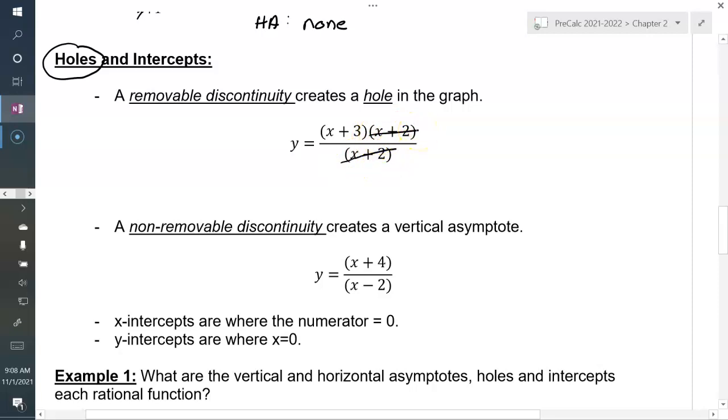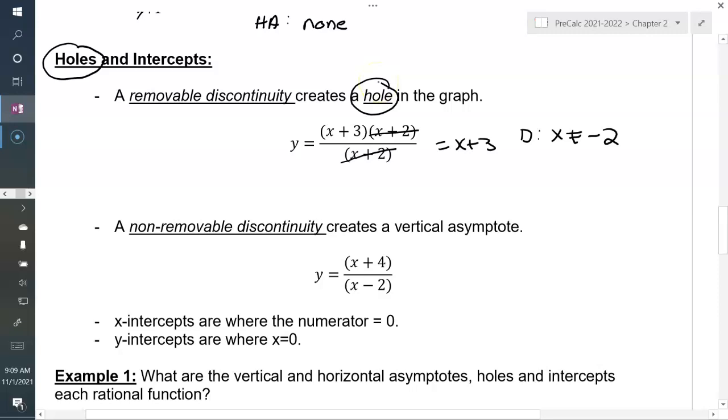Those cancel out, but you're still not allowed in the domain to have x equals negative 2. My equivalent expression is just x plus 3, but in our domain, x cannot equal negative 2 because originally that would have made your denominator equal to 0.